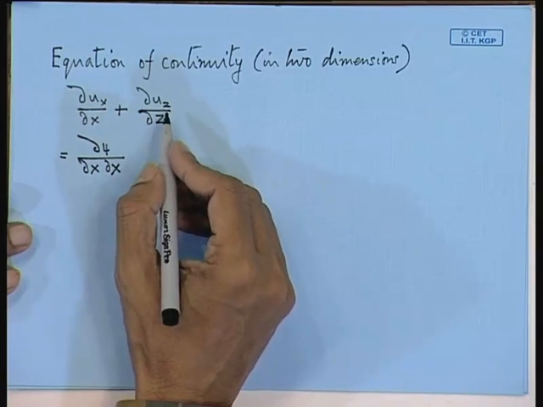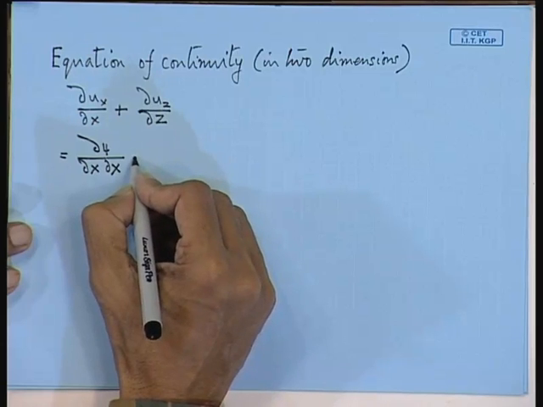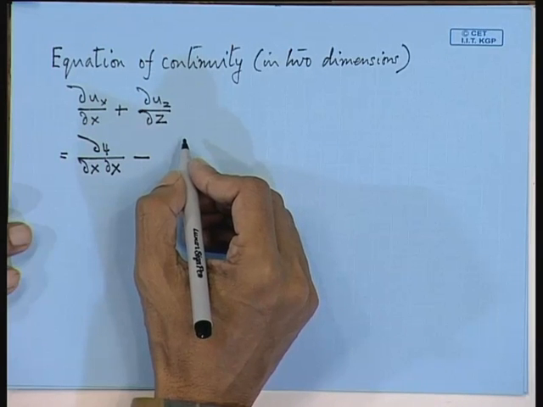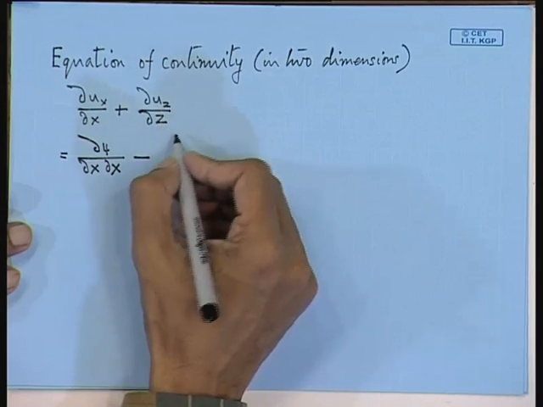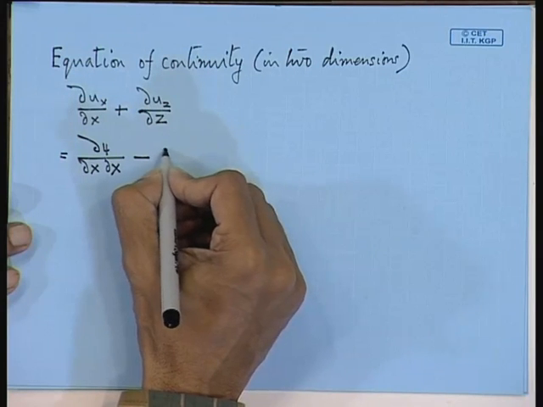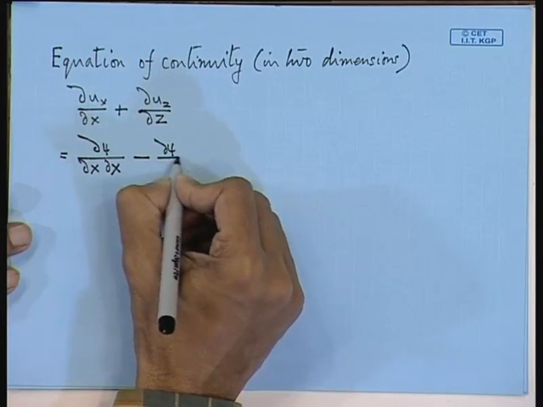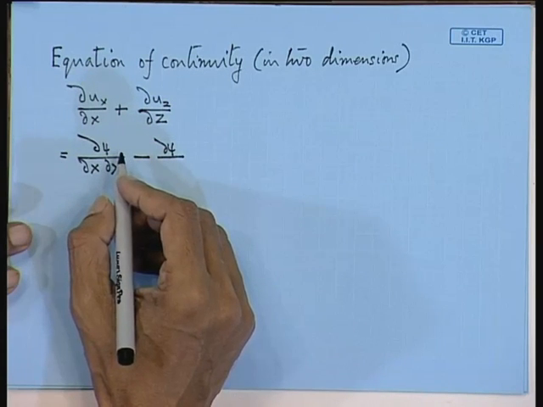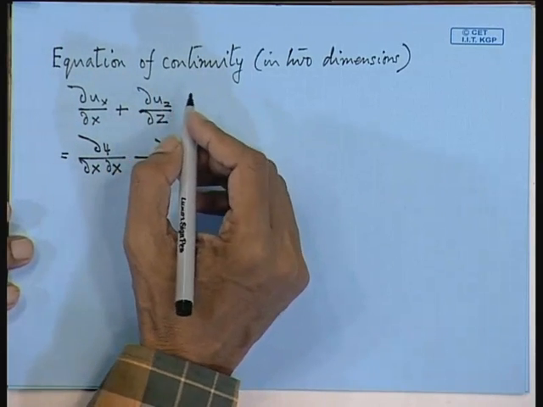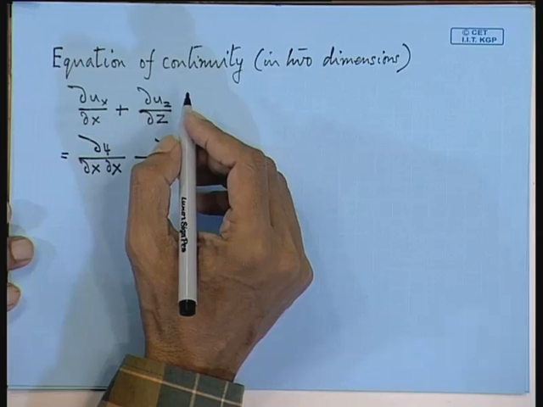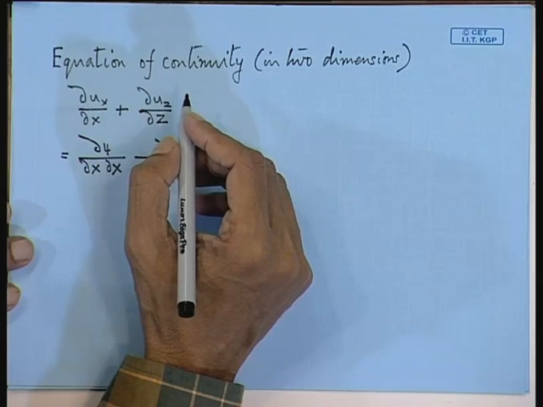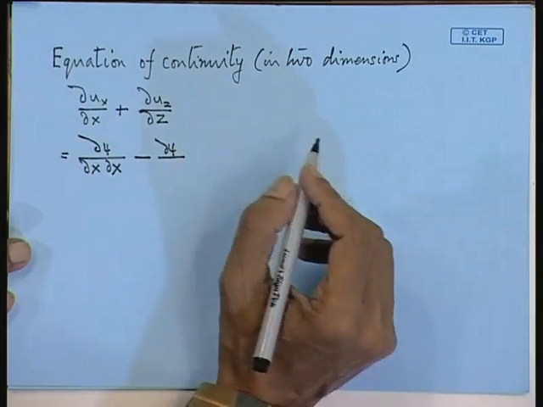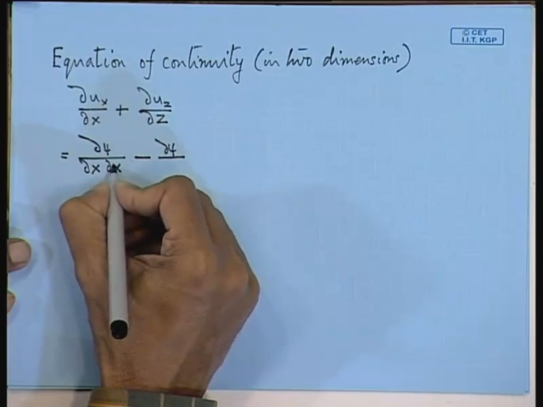So, this will be minus, that is why we have given the minus sign. uz was minus del psi over del x, so this will be del x. Sorry, ux we are getting by del psi over del z, so this is your del z.